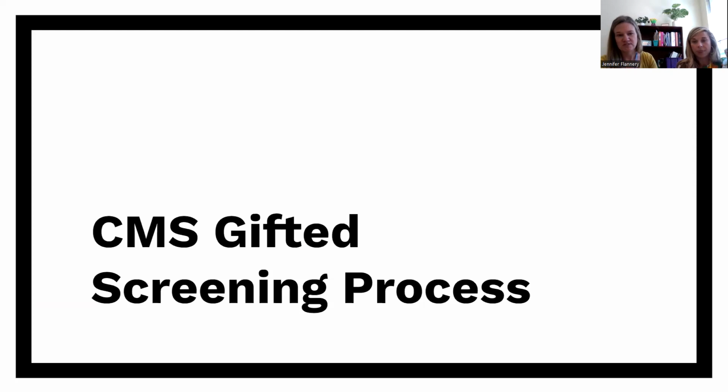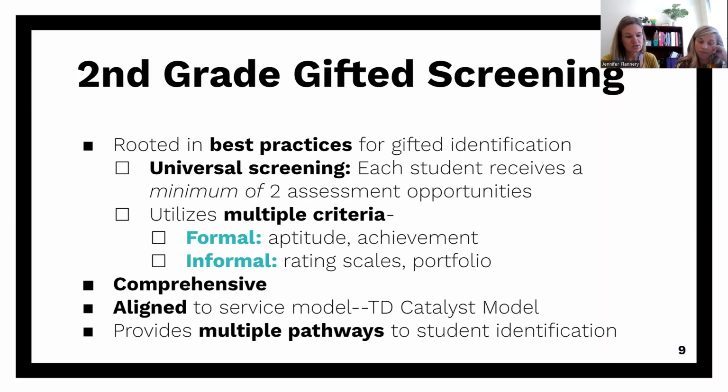Now we're going to walk you through the CMS gifted screening process. So for second grade gifted screening, we're rooted in the best practices for gifted identification, and we use universal screening. So every student in second grade will receive a minimum of 2 assessment opportunities. We have formal opportunities that are aptitude and achievement based, and a couple of examples of those would be the COGAT test, our MAPS scores, and in some cases the Iowa.